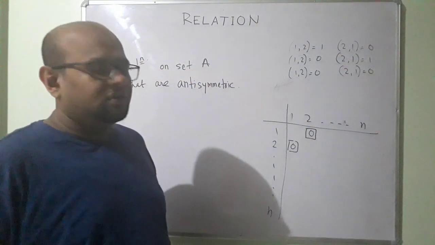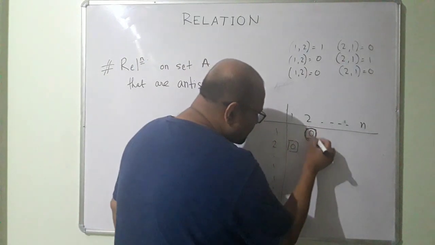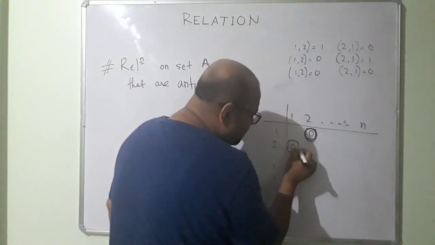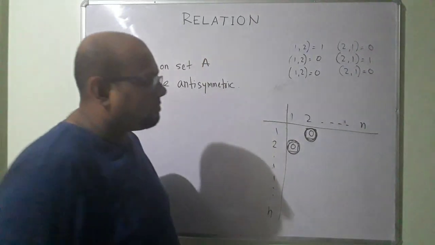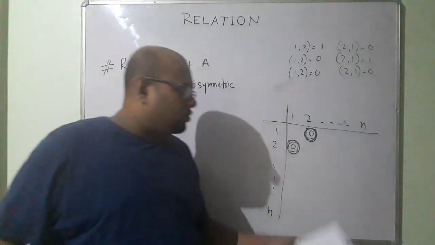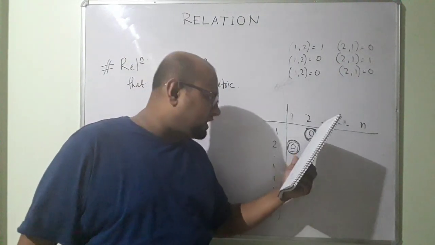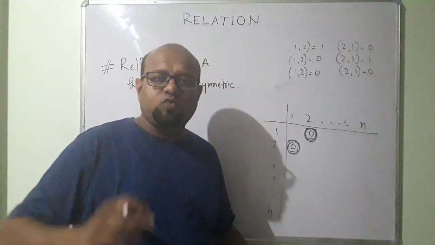When I make this choice for this, I will influence this also. Like in symmetric, when I wrote a 0 in here, this automatically became 0, and when I wrote a 1 in here, this automatically became 1.